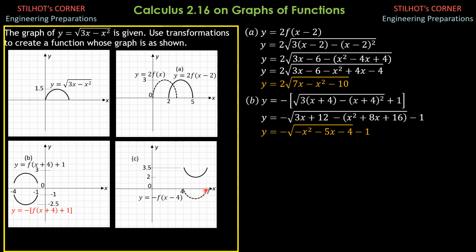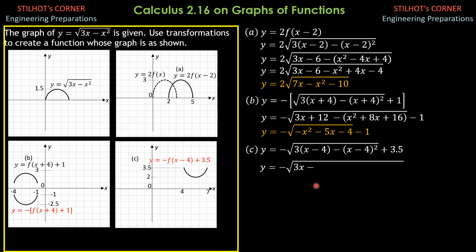Then after that, since this is the graph and we want to find the equation, it is obtained by shifting the graph negative of f of quantity x minus 4, 1, 2, 3, 3.5 units upward. So it becomes y equals negative of f of quantity x minus 4 plus 3.5. So therefore, the required equation is y equals negative square root of 3 quantity x minus 4 minus quantity x minus 4 squared, then plus 3.5.